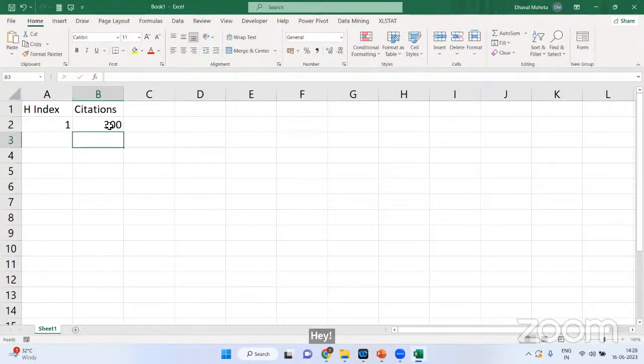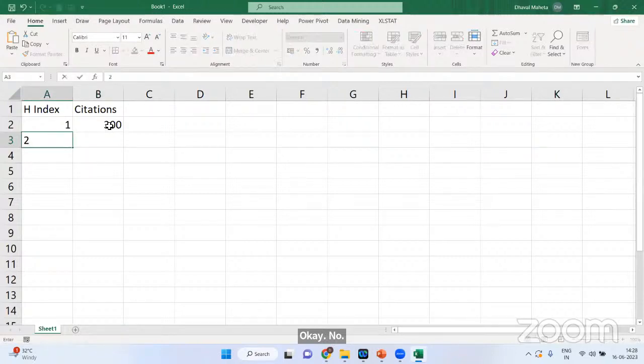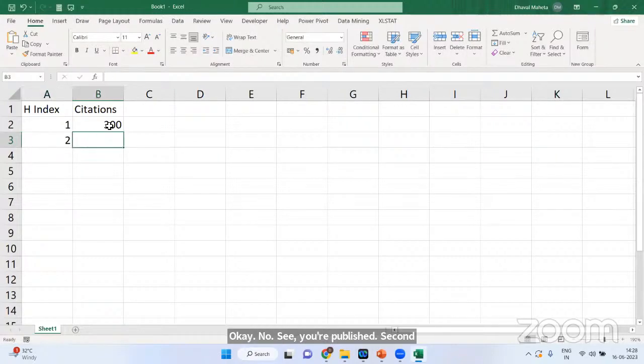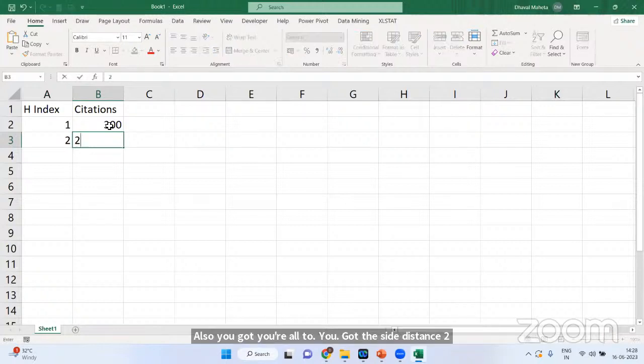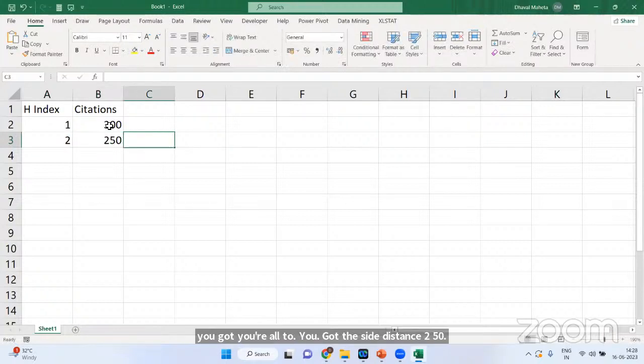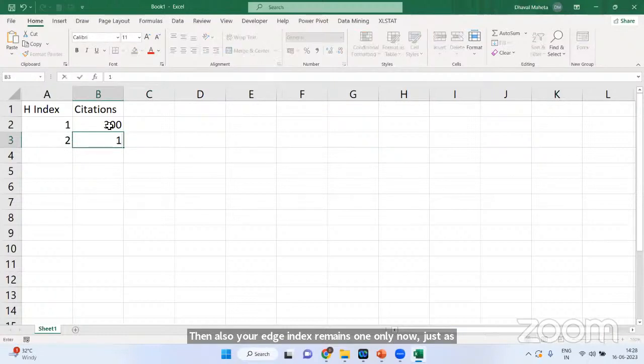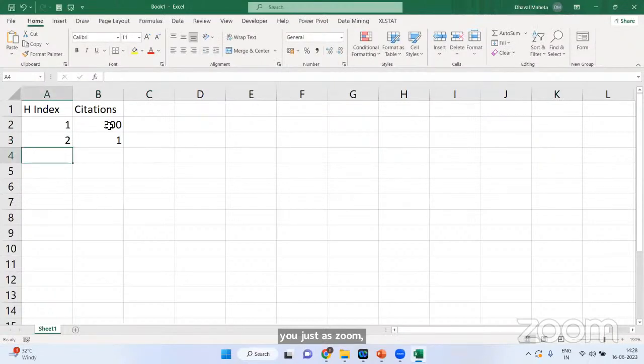Now see, you have published a second paper, and here also you got 250 citations. Then also your H index remains 1 only, right? Now just assume that you got one citation here, that 2 is greater than 1.